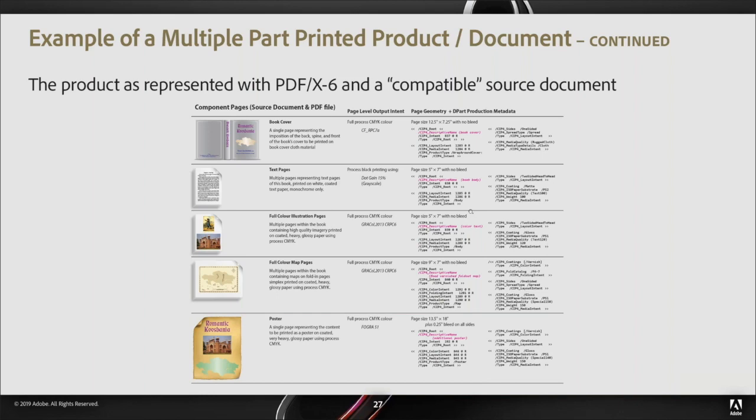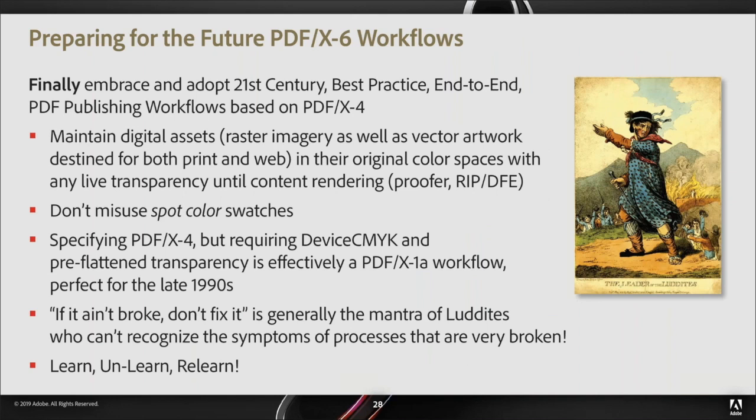Okay, well, how do we prepare for this going forward? Well, I think the first thing that's important to do is finally embrace and adopt 21st century best practice end-to-end publishing workflows based on PDF/X-4. Okay, it's time to finally get rid of PDF/X-1a or earlier workflows.